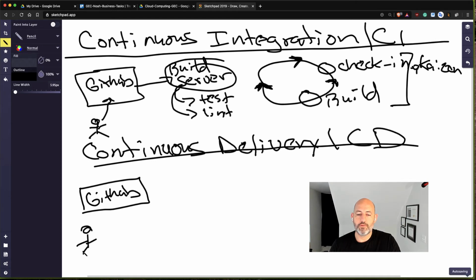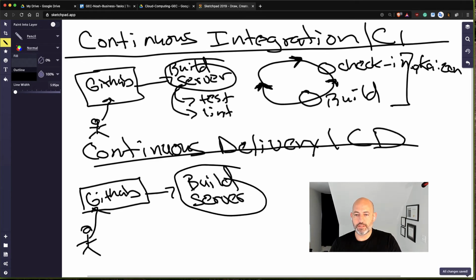Here we go. We check in this code here. And then again, the build server goes through, and the build server will do the same thing. It'll test the code, maybe lint it, but it does another thing too.